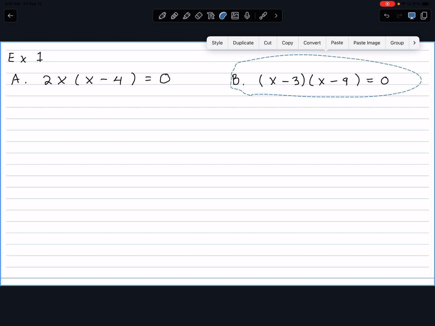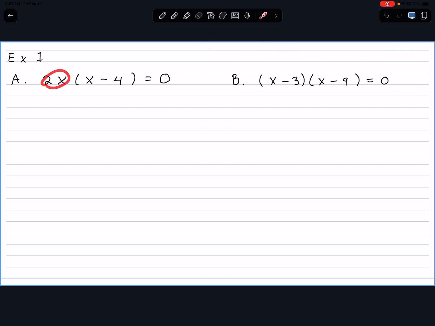So what we have here is something times something equals 0, which means either the first something has to be equal to 0, right? Because if 2x equals 0, then I get 0 times x minus 4. That's got to be equal to 0. Or x minus 4 equals 0.